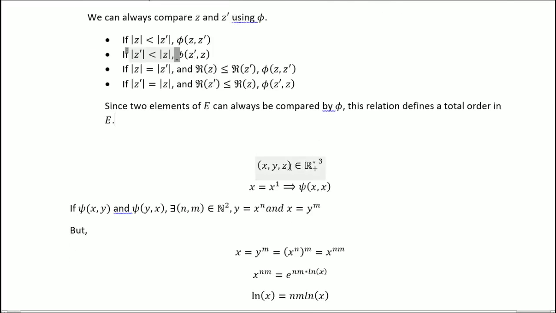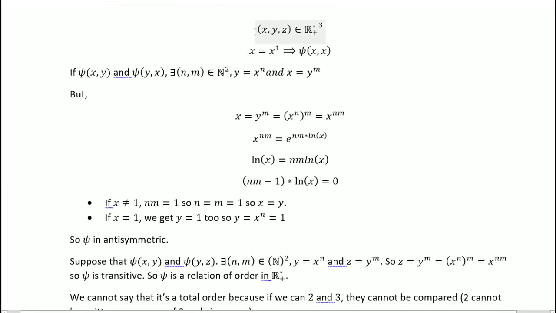So now for the second question, we consider three elements of R plus star cubed. So if psi of x y and psi of y x, there exist n, m positive integers to have this, so you get this.